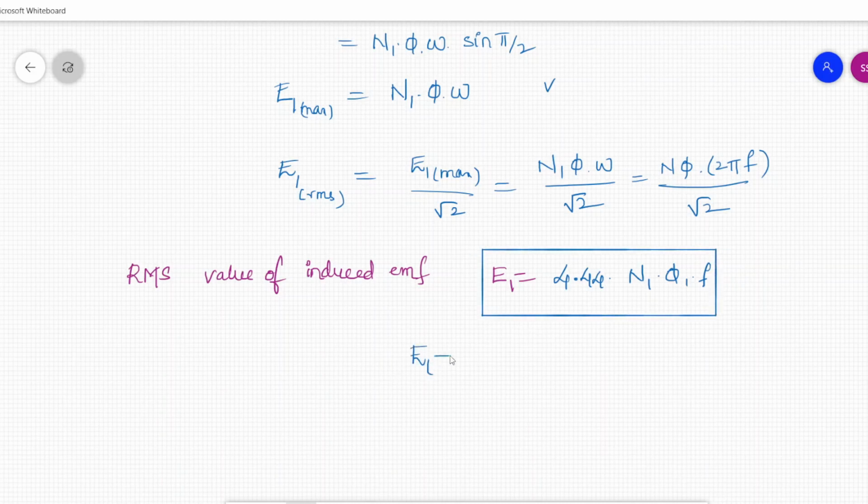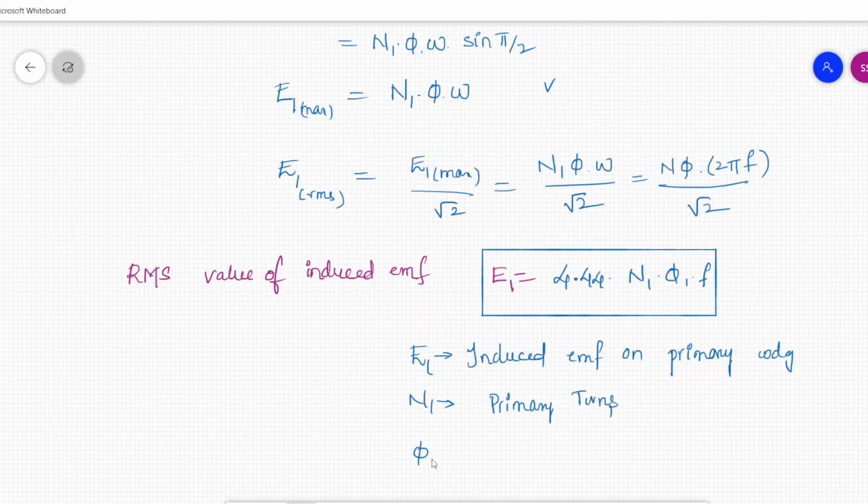E1 equals the induced EMF in the primary winding, N1 is the primary turns, phi 1 is the flux, and f is the frequency of the supply.